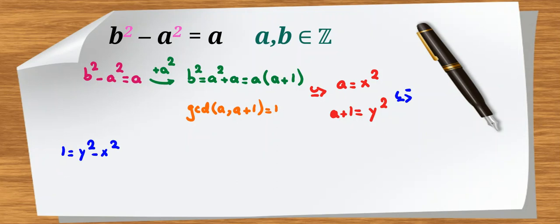Now we have a famous factorization: y squared minus x squared equals y minus x times y plus x. Because we want to find a and b, we can say x and y, without loss of generality, are non-negative. For example, if x is negative 2, we can say x is 2 because in both cases a is 4.